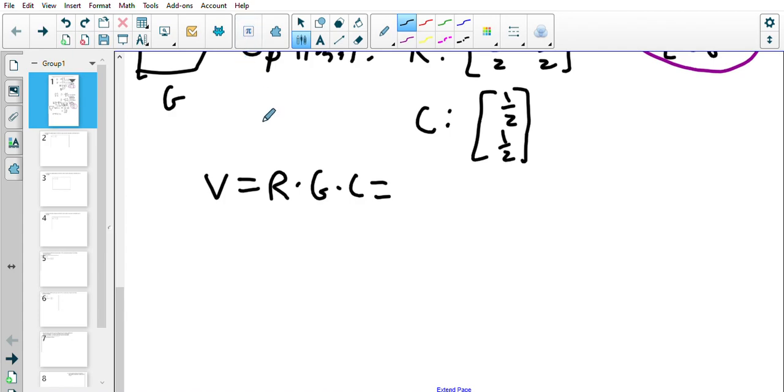So what I'm really doing in my calculator is A times B times C. And when I do that, I get a value of 0. So it looks like if both players play their optimal strategies, the value of the game is 0.